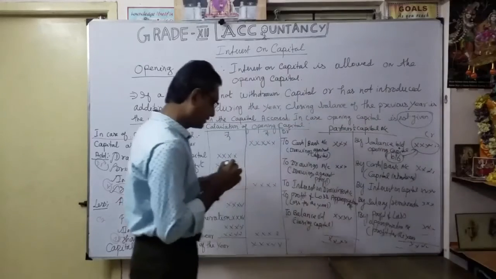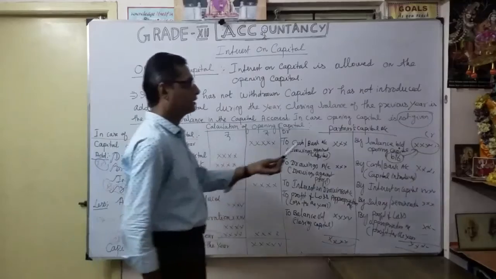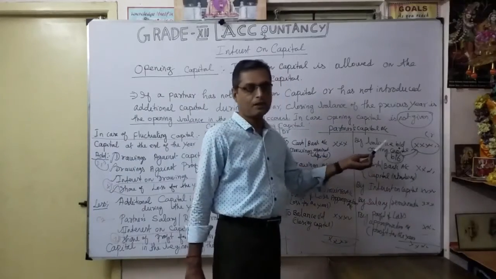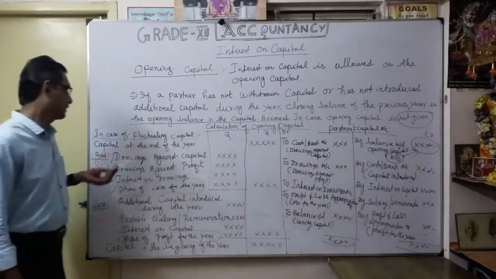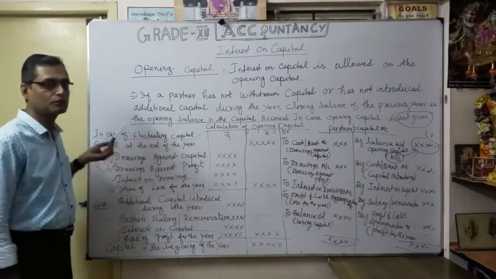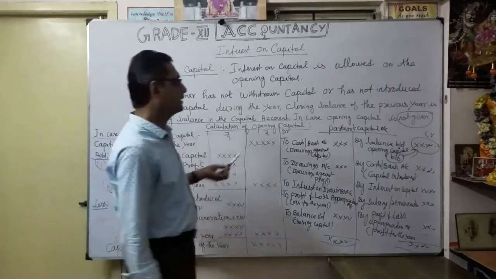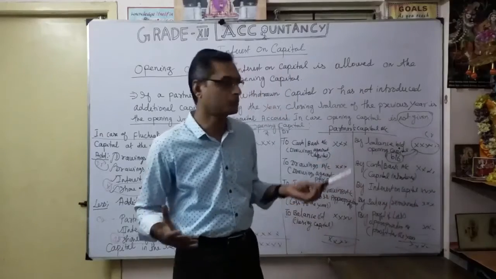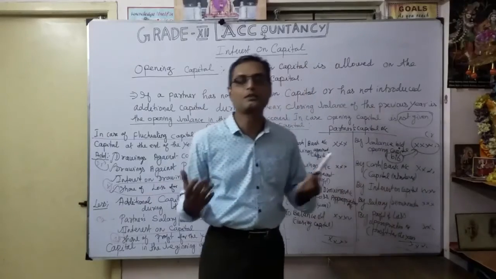So we can write it this way also as a partners' capital account. Through the partners' capital account we arrive at the opening capital, or we can write it in a vertical format. In the case of a capital introduced, you add it, and less the drawings. Or alternately we can write it in debit and credit form in a partners' capital account. Through that we can find out the partners' opening capital.